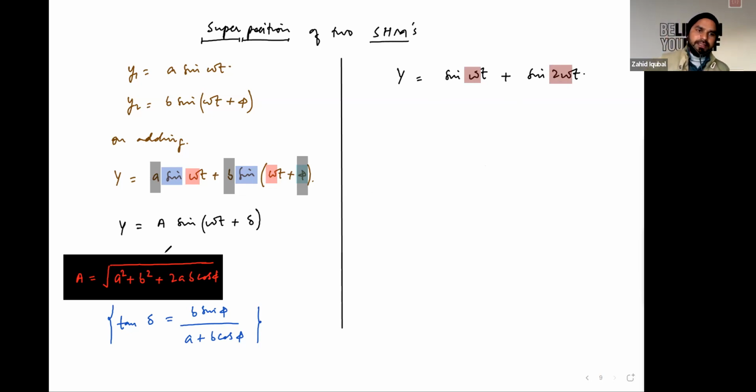But in left part, on adding two simple harmonic equations, we have got another simple harmonic motion as a result of it. So from this part, we can say two simple harmonic motions having same frequency will result into another simple harmonic motion. But if we have different frequency or different angular velocity for superimposition of two SHM, it will never be SHM.